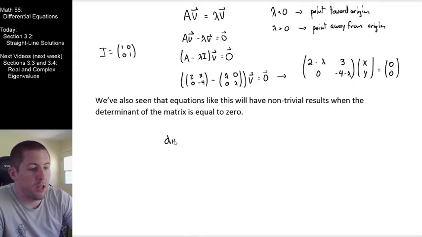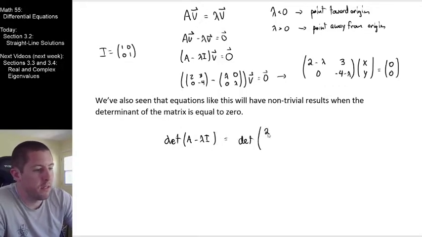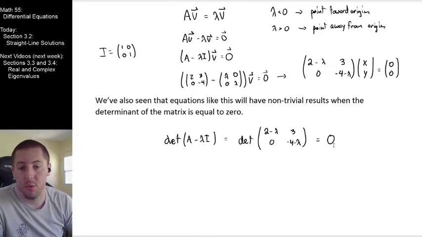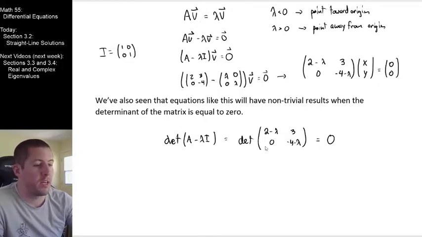So the determinant of A minus lambda I is going to be the determinant of this matrix: 2 minus lambda, 3, 0, negative 4 minus lambda. And I want this to be equal to 0 so that I can arrive at some non-trivial solutions. Whatever values of lambda make this equal to 0 are going to give us the non-trivial solution, the one we're actually hunting for here.